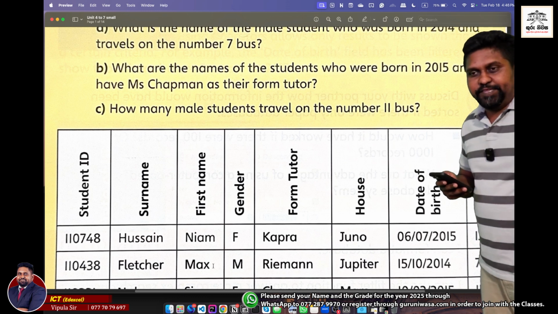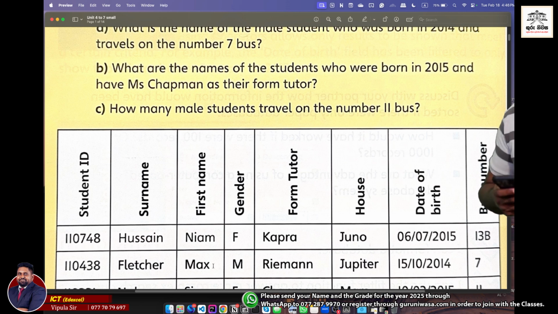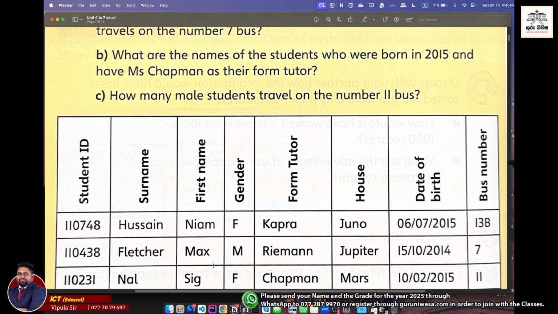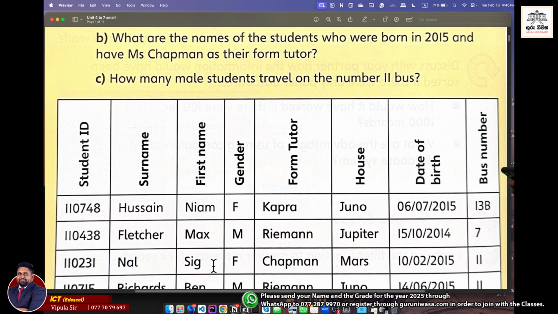So, my second question. What are the names of the students who were born in 2015 and have Miss Chapman as their form tutor? Cool.